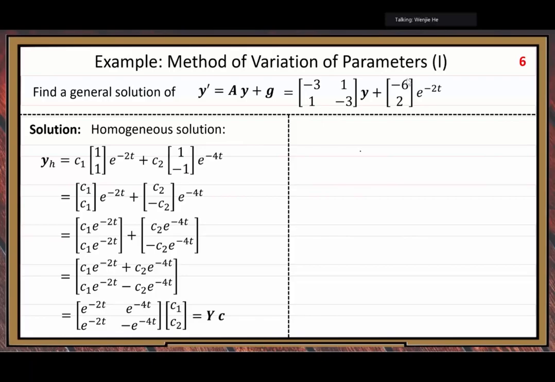The constant form uses the fundamental matrix, capital Y. This whole matrix corresponds to our fundamental matrix, capital Y. Then this c is a constant vector. Little c is a constant vector. Now, we need to make it a variation vector, that is, a vector valued function.